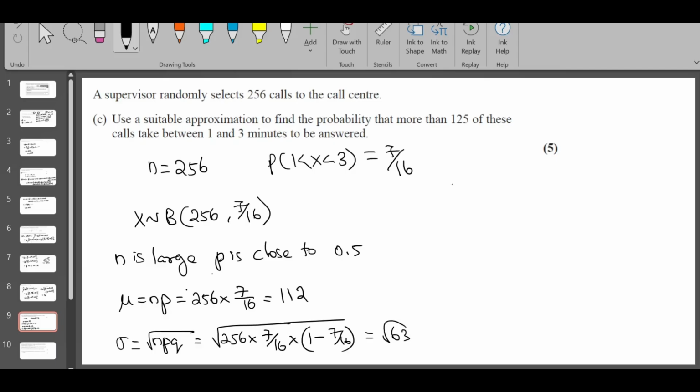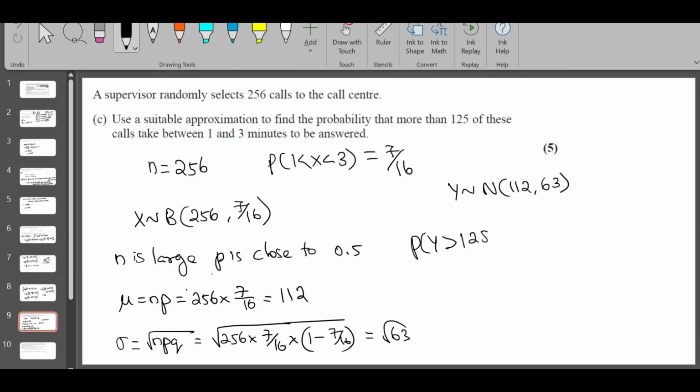So you can write normal distribution, let's use Y follows normal distribution of 112 comma sigma squared, so write it without the square.